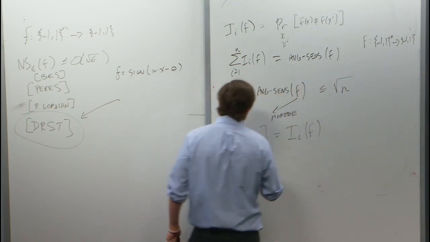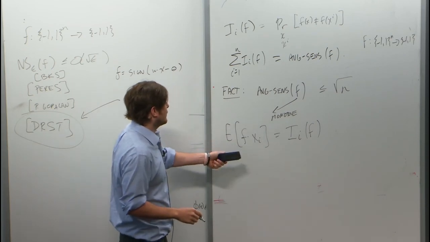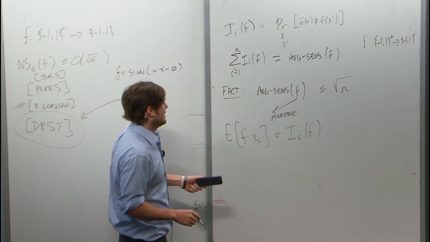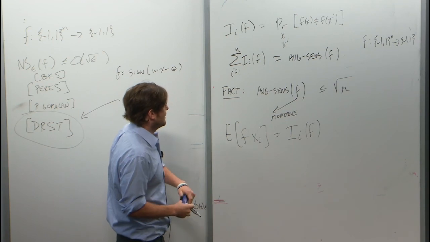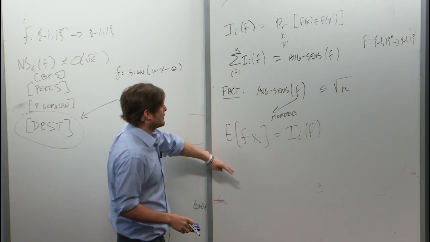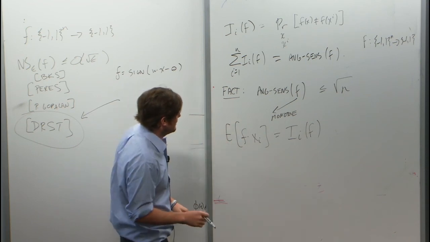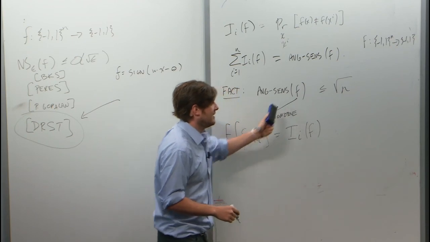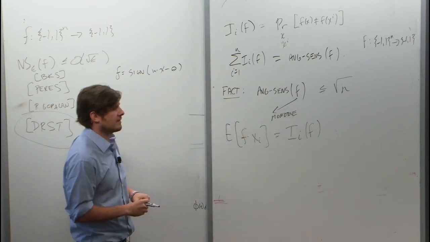And since the sum of the squares of all the Fourier coefficients is at most 1, the sum of the first n Fourier coefficients can be at most root n. So this is just the key idea to showing this. It's not difficult.